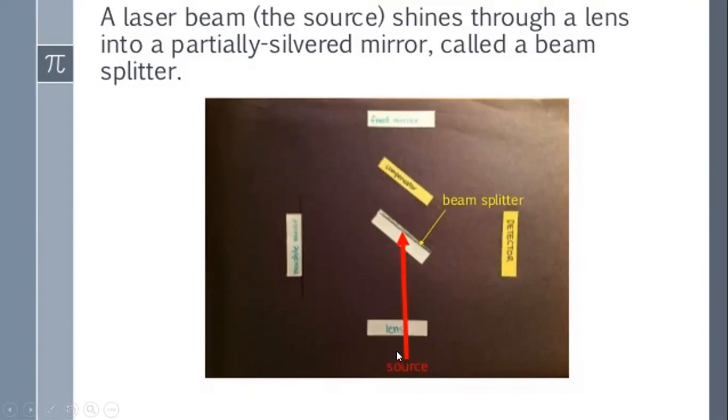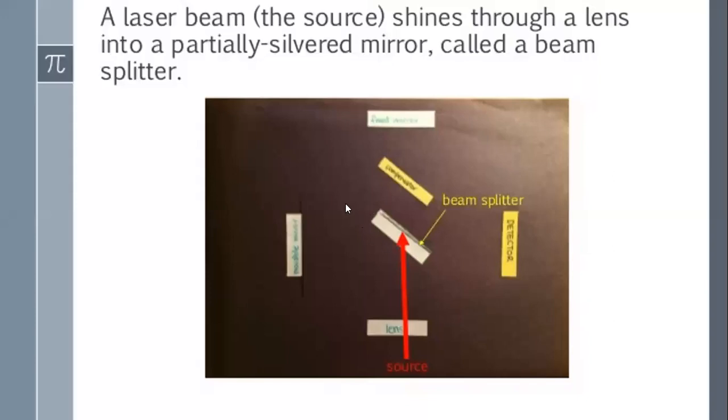When we are sending the light from the source through the lens to the beam splitter, a laser beam shines through the lens into the partially silvered mirror called the beam splitter.